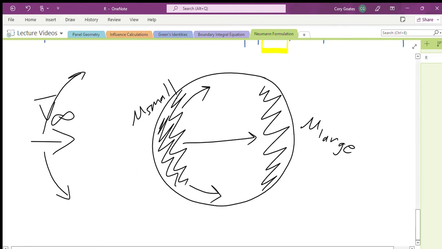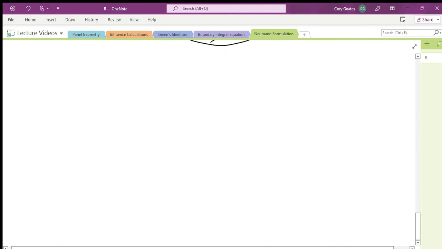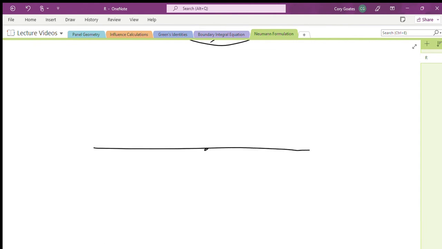This is something that we won't really get into with your panel method, but I want you to be aware of. Let's zoom in on one of these panels. Say this is the panel I'm looking at. This is the centroid of that panel. That's the normal vector.